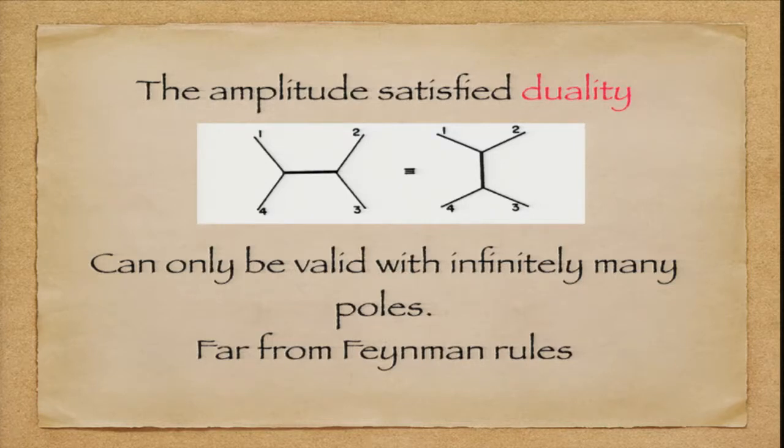And this is very different from what you're learning in quantum field theory. So it was realized it could only be done with infinitely many poles. So these were very far from Feynman rules.